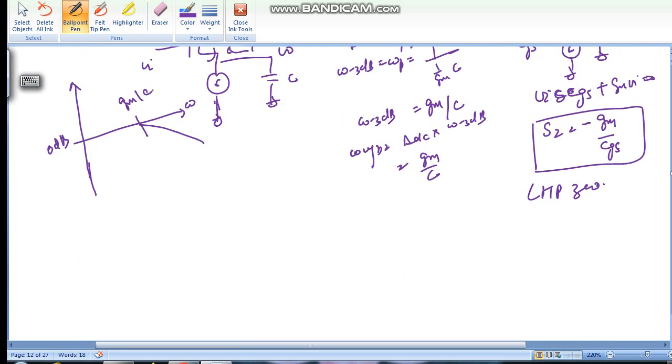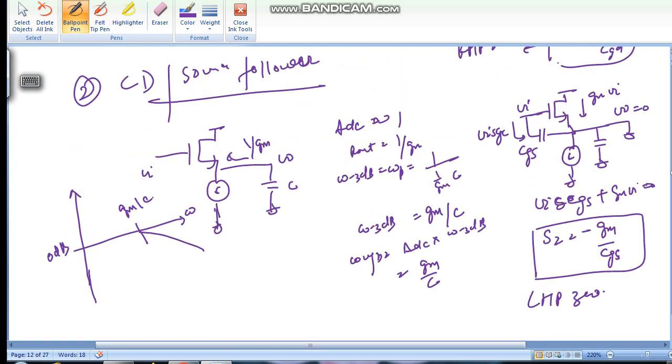Now how will the phase plot change? Suppose we have this gap. What will happen at very high frequency is that the full Vi goes to the output.